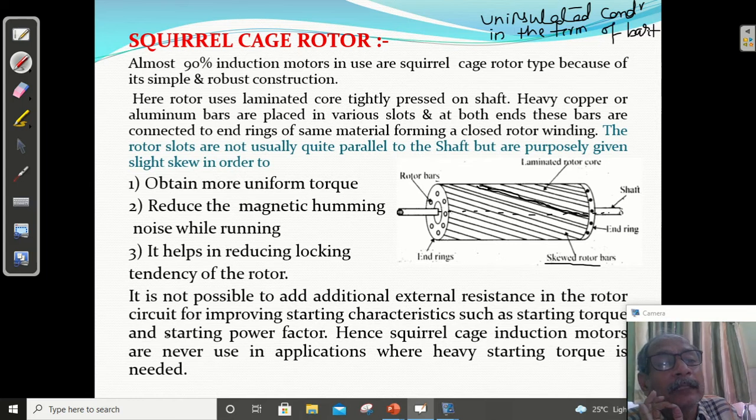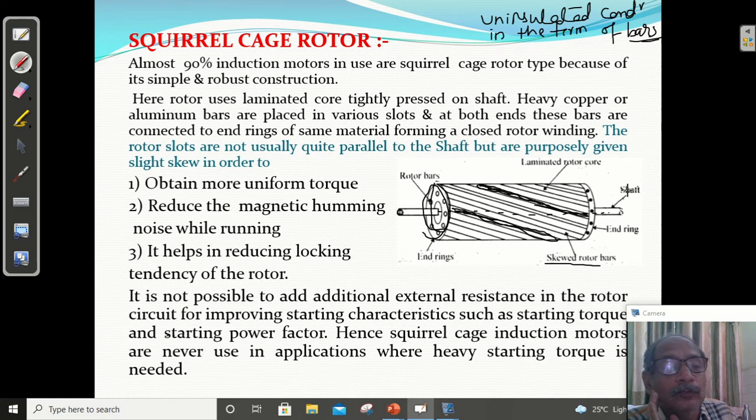These will not be thin bars, it is in the form of bars. Clear? So what will we place in this slot? Bars will be provided, right? These are the bars. Here, bars are there, and both ends of the bars will be shorted by two end rings. This is called end rings.